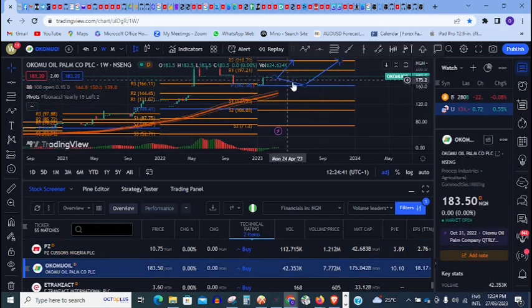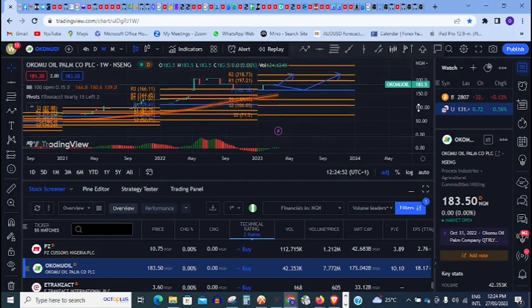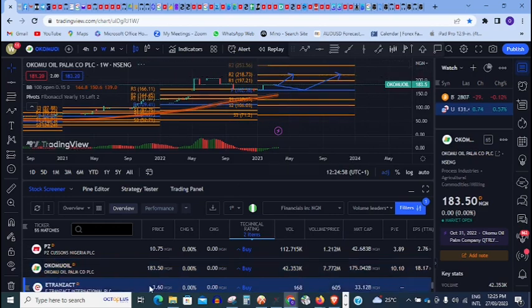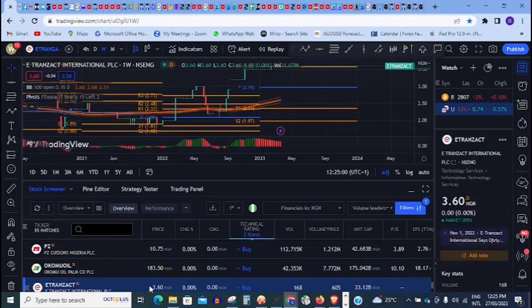Okomu. Okay, this is still valid. So if you get entry at 163 naira, take it. Then we hope that the market gets to 216 naira before the end of the year. E-Transact, and that will be the last that I'm going to take.